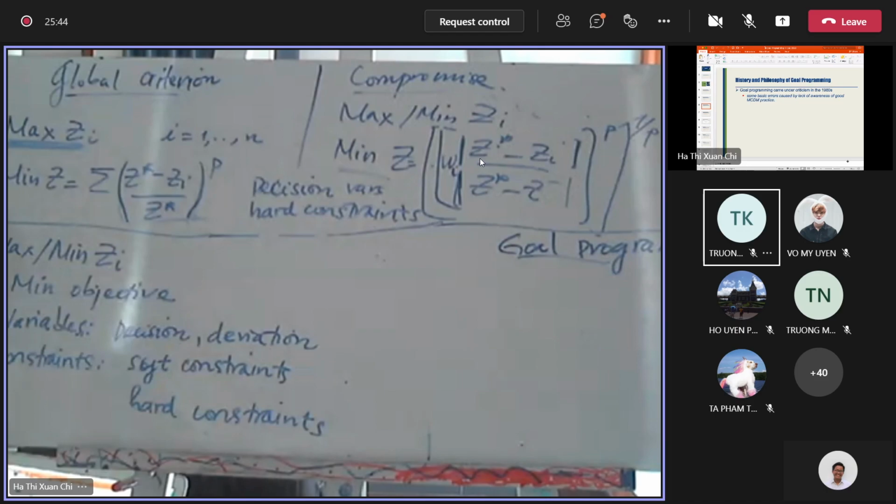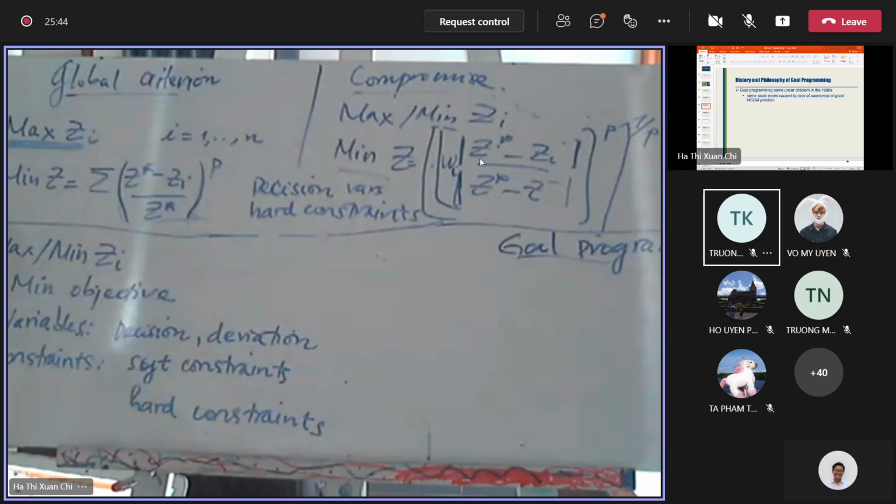They have deviation. They have soft constraint. Okay. In here, you can see that they have weight, right? Compromise, they have weight. But goal programming, they have priorities.